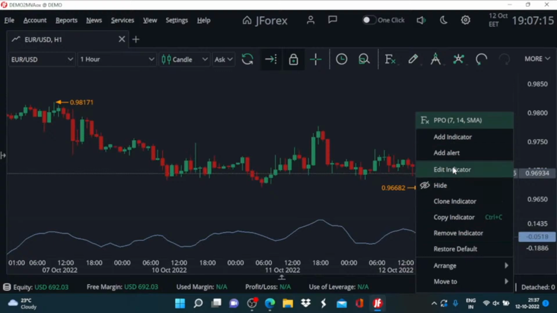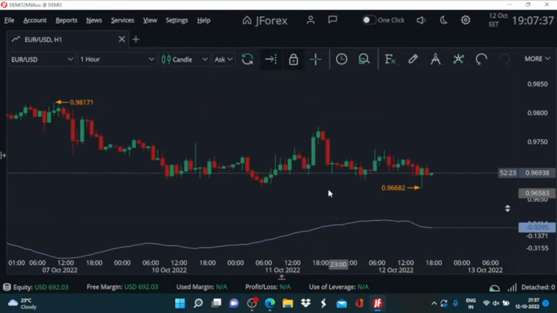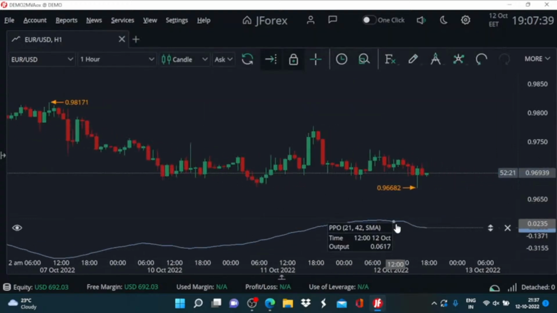But if I increase the calculation period, you will notice that this indicator, the same indicator, then becomes a lot more stable, and it is not going to become that much responsive to the recent price fluctuation. So here now we have the slow calculation period defined at 21, and the larger calculation period is defined at 42.